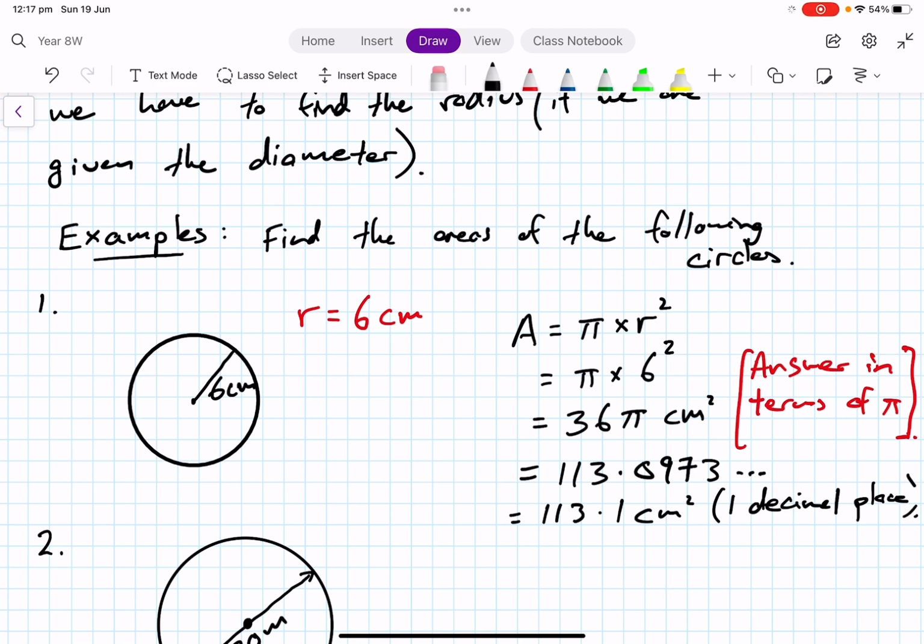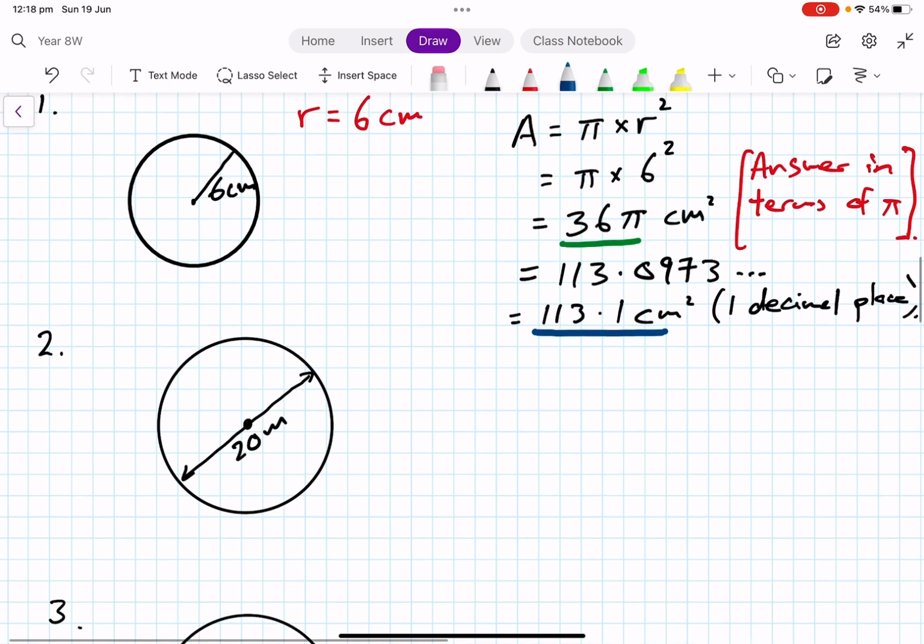So this answer here that I'll underline with green is what we call an exact answer in terms of pi, 36 pi, the radius squared times pi without the times. But more usefully for us at this stage, we'll write it also as a rounding. So you might see either or both asked of you, so we need to do that.